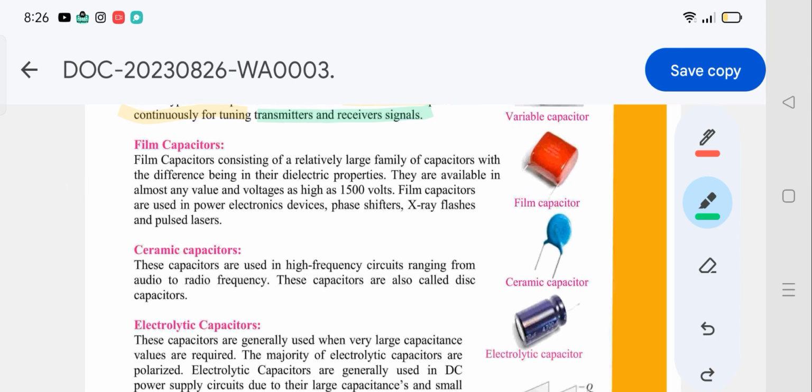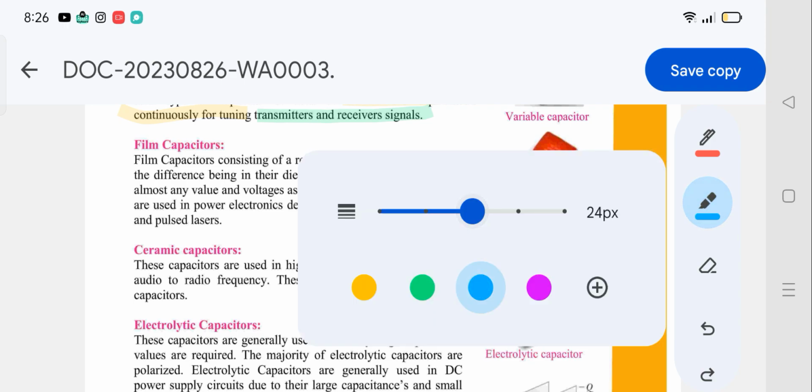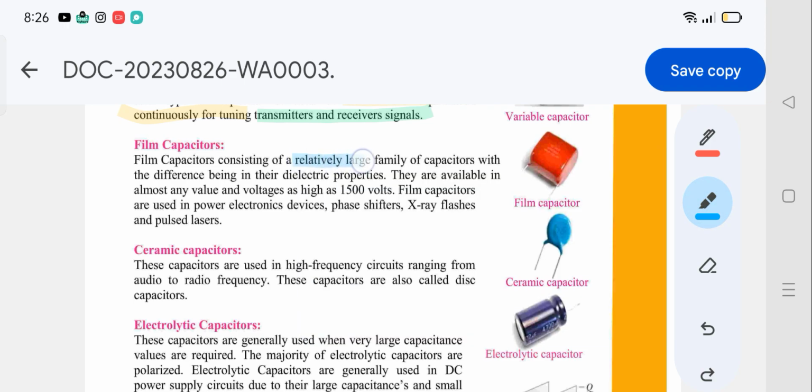Then we have film capacitors. This is the second type of capacitor, right, which is known as film capacitors. A film capacitor consists of a relatively large family of capacitors, right? They are a large family of capacitors, meaning here we're not going to have only one or two capacitors, however we're going to have more than two or three capacitors, since this is a large family of capacitors, with differences being in their dielectric properties.